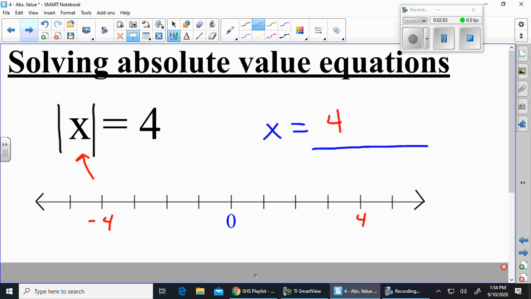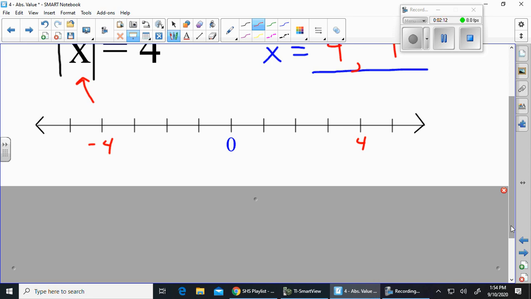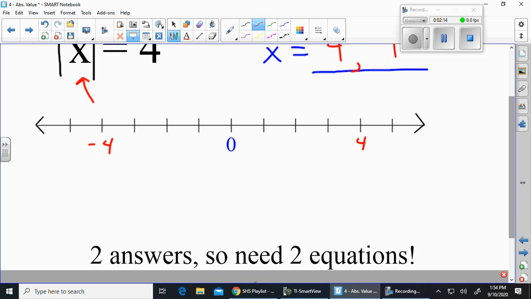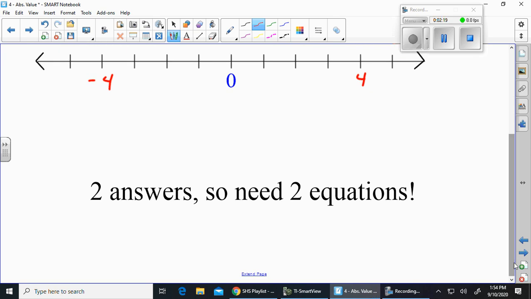It could be 4. It could also be negative 4. So I'm not going to get one answer. I'm actually going to get 2 answers. So what I have up here is there's 2 answers, so I need 2 equations.